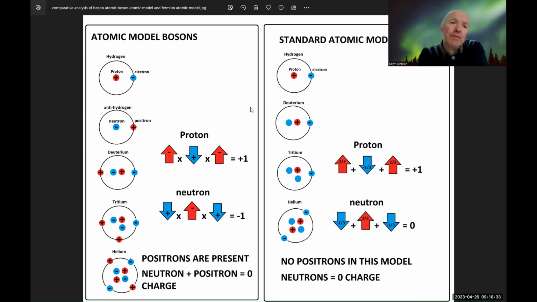If you look at hydrogen, there is a zero state when adding the electron and the proton together. And in antihydrogen, there's a zero state when you add the neutron and the positron together. But the proton has a positive inner core and the neutron has a negative inner core. So we have a new model that we can use, based on a charge calculation for the quarks in the proton and the neutron that's different from the standard model.